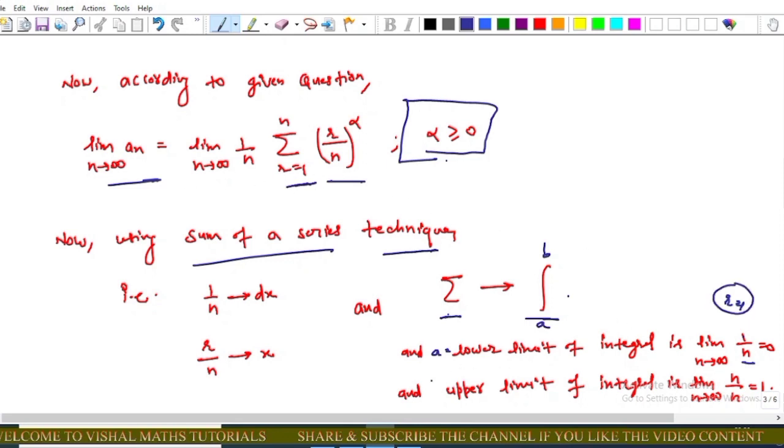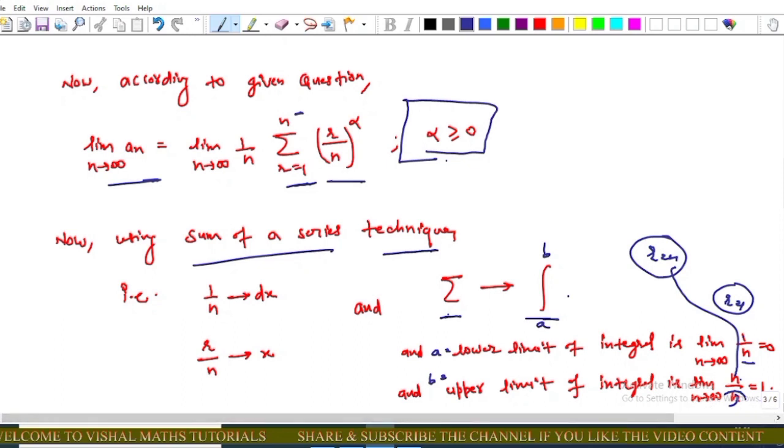And for the upper limit, b is equal to limit n tends to infinity, this n is fixed and this n comes from r equal to n of this series, that is n upon n, which tends to 1.